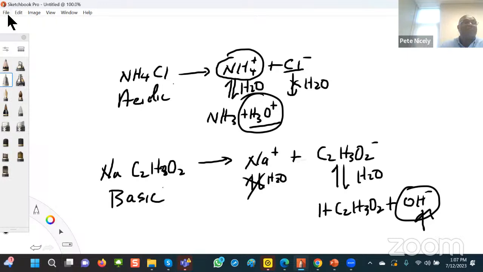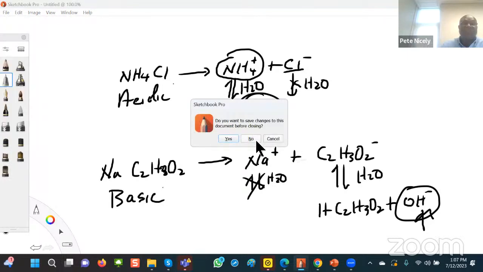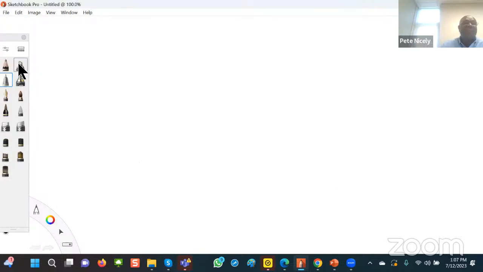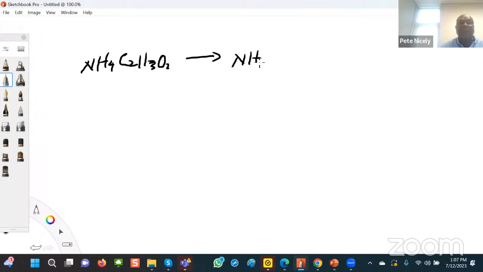All right. One last example I want to show you is ammonium acetate. So ammonium acetate is NH4C2H3O2. When that dissociates in water, you're going to get NH4 plus and C2H3O2 minus, right?